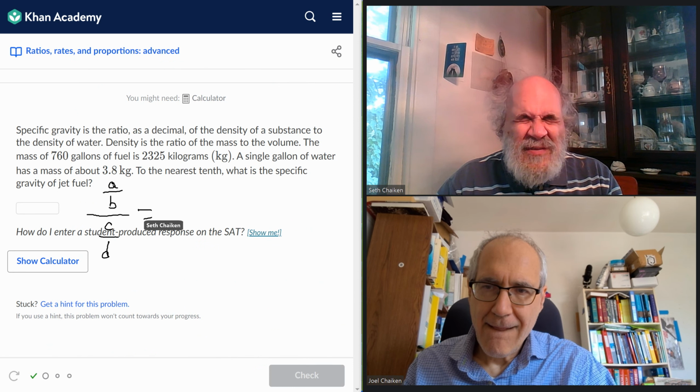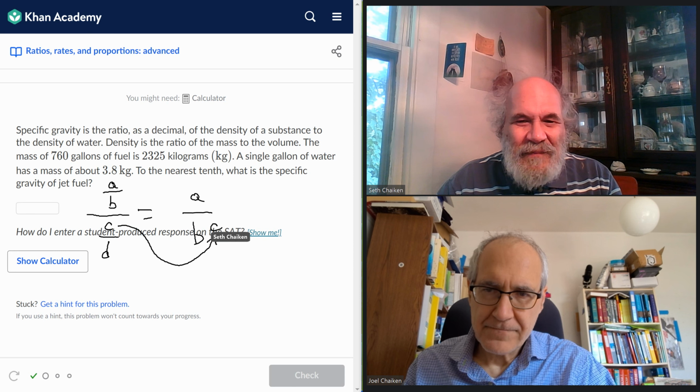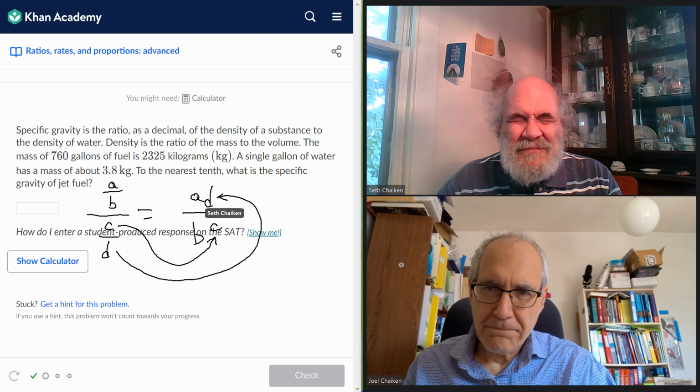The B is in the denominator, and the A is in the numerator. And the C stays in the denominator. And then the D is double divided. So the rule says that D goes up here.